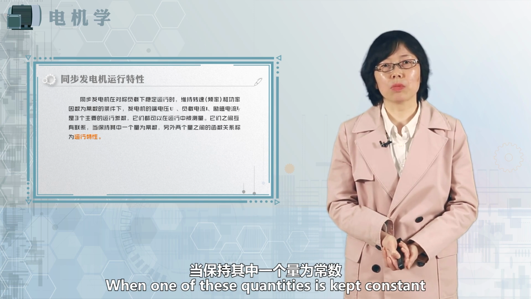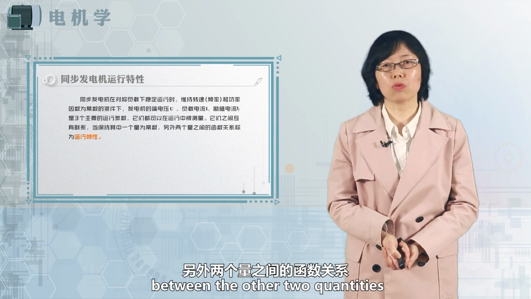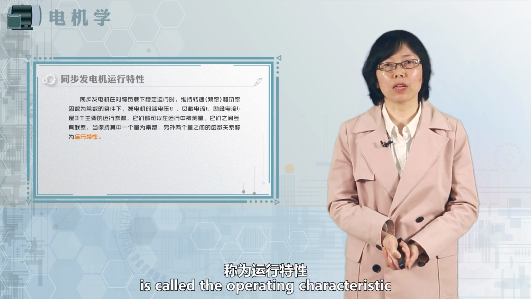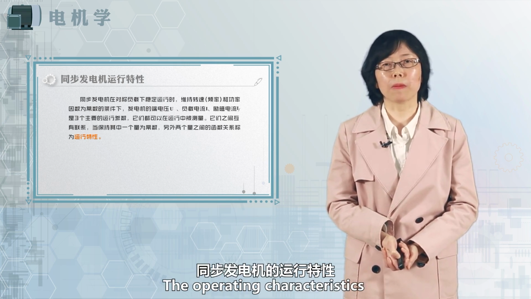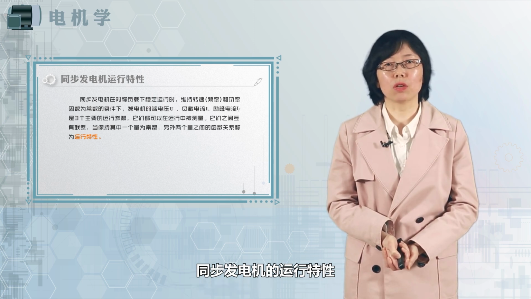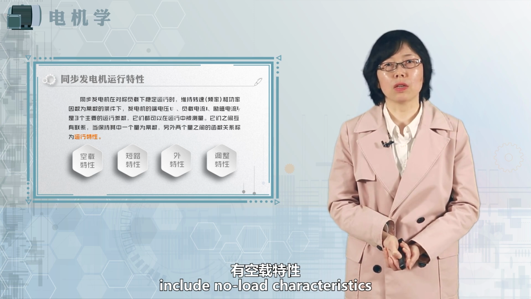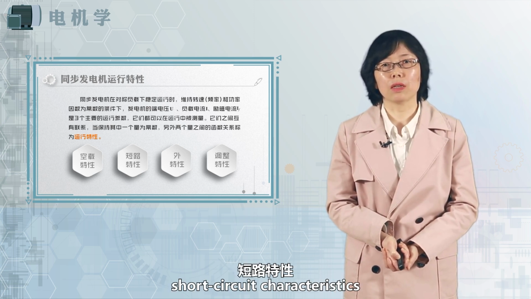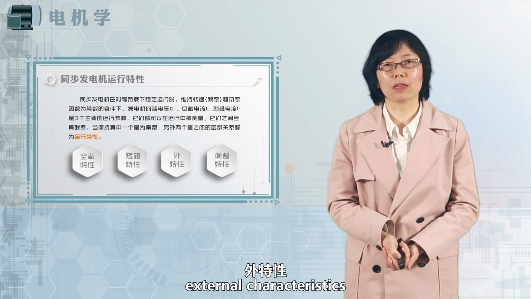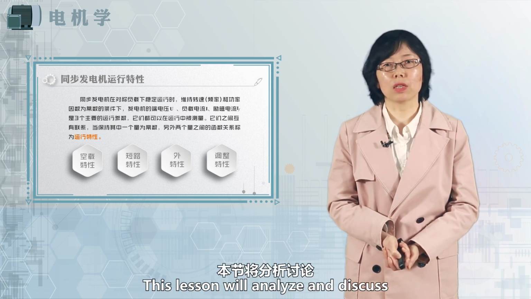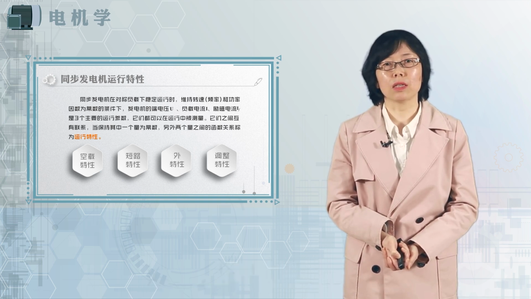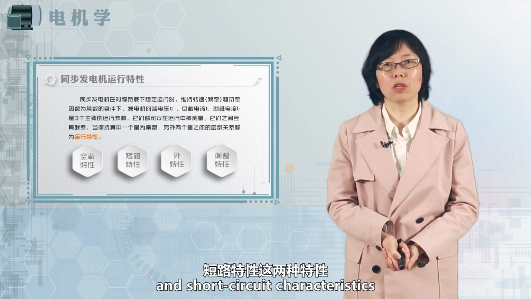When one of these quantities is kept constant, the functional relationship between the other two quantities is called the operating characteristic. The operating characteristics of a synchronous generator include no-load characteristics, short-circuit characteristics, external characteristics, and regulation characteristics. This lesson will analyze and discuss no-load characteristics and short-circuit characteristics.